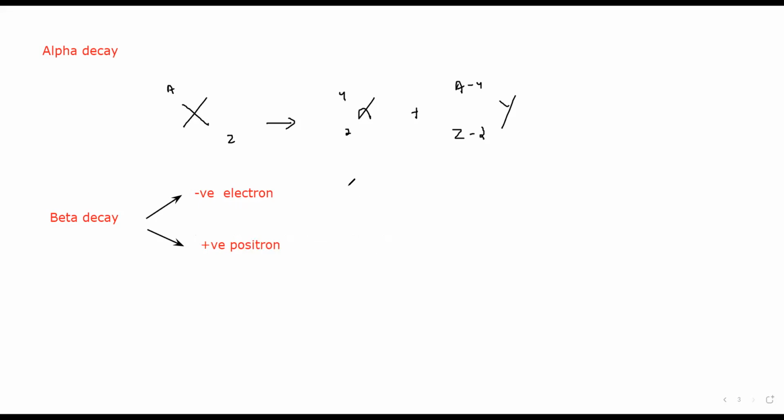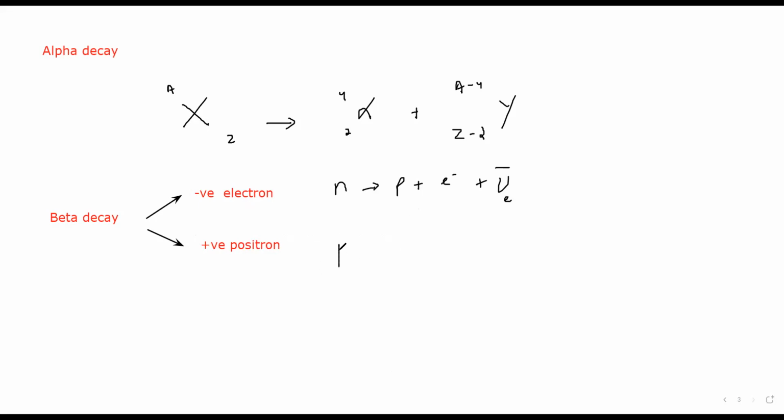For example, in a negative beta decay, a neutron breaks into a proton, an electron, and an anti-electron neutrino. Why is there an anti-electron neutrino? Because otherwise the lepton number would not be conserved.